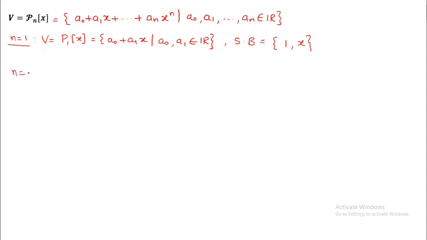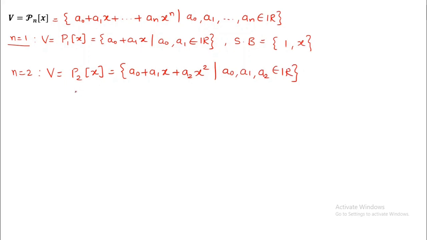For n is equal to 2, V is equal to p2 of x. In this case, our set will be a0 plus a1x plus a2x square, such that a0, a1, a2 belong to R. And over here our standard basis is 1, x and x square.